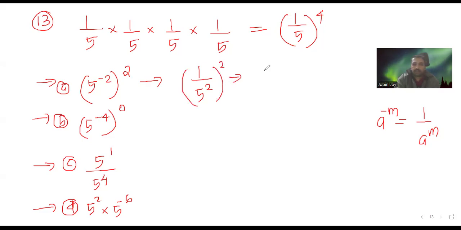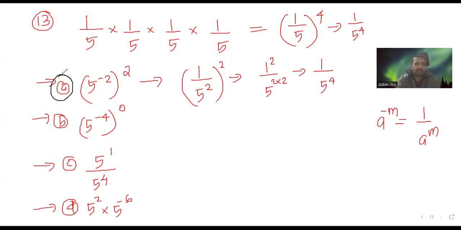So this will be equal to 1 square divided by 5 raised to 2 into 2. So this will be 1 divided by 5 raised to 4. Okay, so again, this is equal to 1 divided by 5 raised to 4. That means first option is correct. So option A is correct.